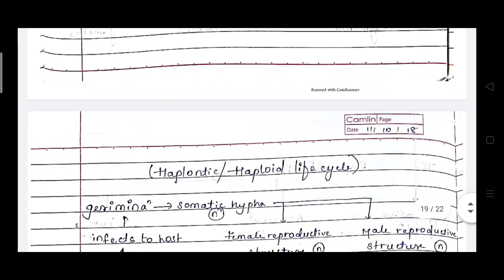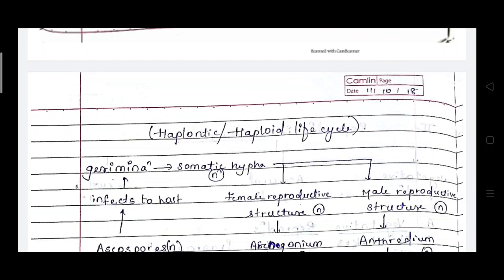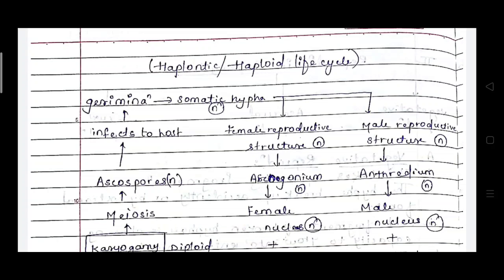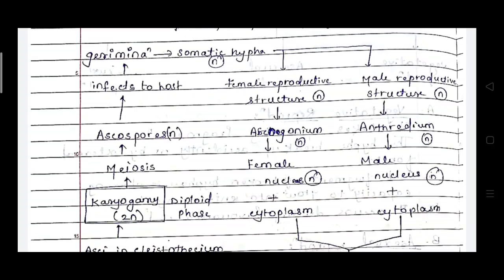Then in case of sexual reproduction, a haplontic or haploid life cycle is present in Aspergillus. When the somatic hyphae grow, on that hyphae they produce the female reproductive structure and male reproductive structure. In the female reproductive structure, they produce the oogonium, and in that oogonium, nucleus and cytoplasm are present.